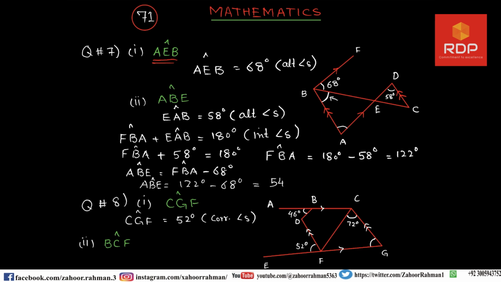Now the next part is saying that we have to find BCF, which is this angle, and we are going to find it. Now ladies and gentlemen, there is no direct way to find the value of BCF. We have to think and make a plan, and then we will follow the rules according to that plan.